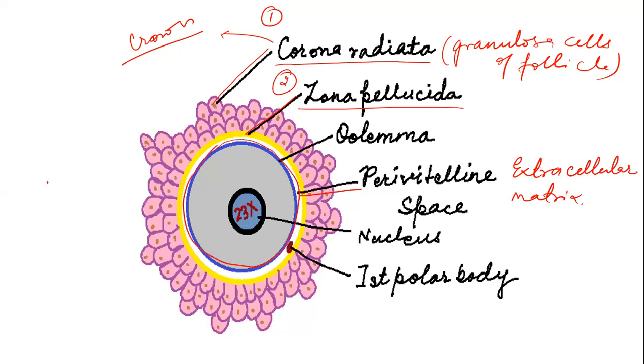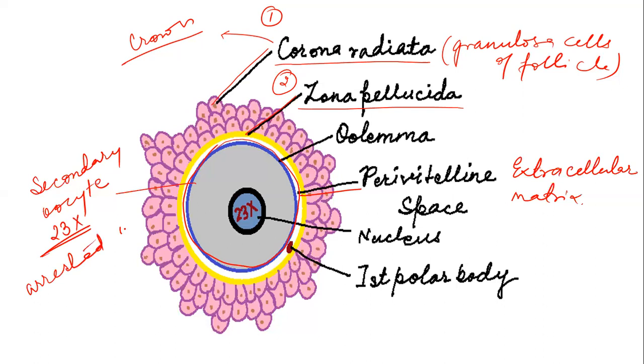And this is nothing but the secondary oocyte, having a haploid number of chromosomes with X as a sex chromosome, and it is arrested in metaphase of second meiosis.